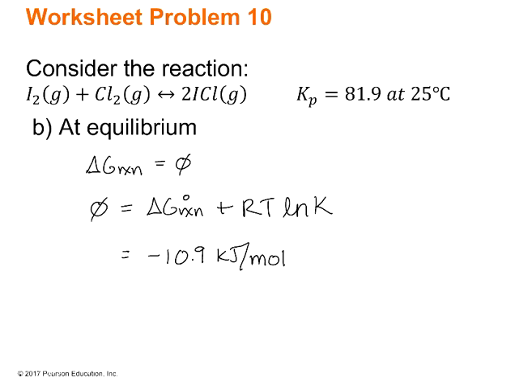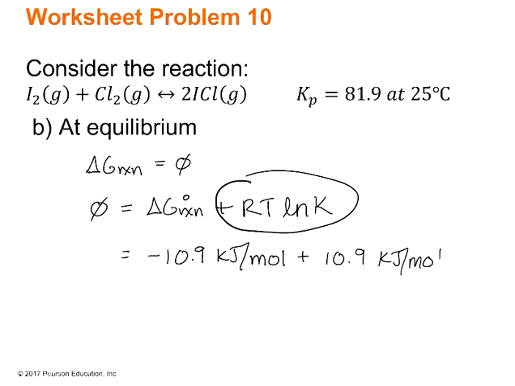But remember, that's equal to the negative of RT ln K. So actually, if we plug that in, we get 10.9 kilojoules per mole. So this actually all cancels out to 0 anyway. So just remember, at equilibrium, delta G is always equal to 0. So you don't even have to do this calculation we just did to prove that it's equal to 0, but I wanted to show you that it is. But you could have just written delta G is equal to 0 at equilibrium, because we already know that.